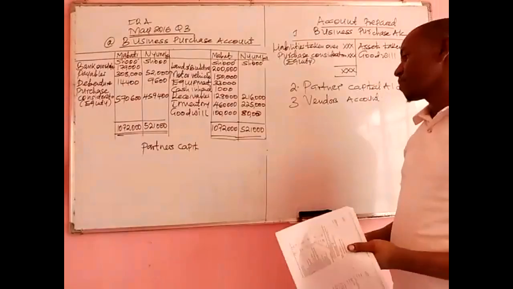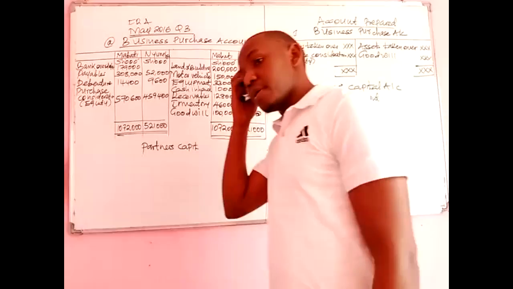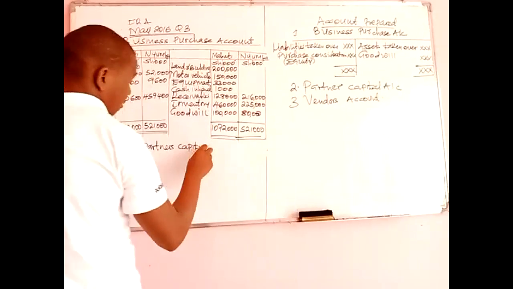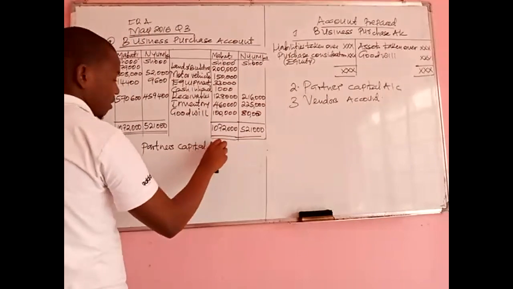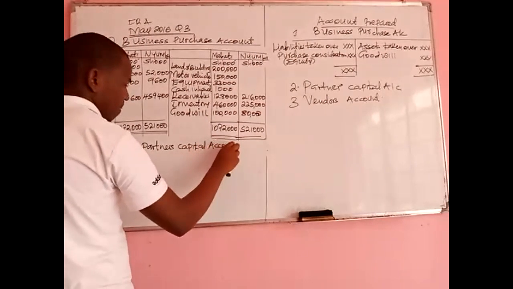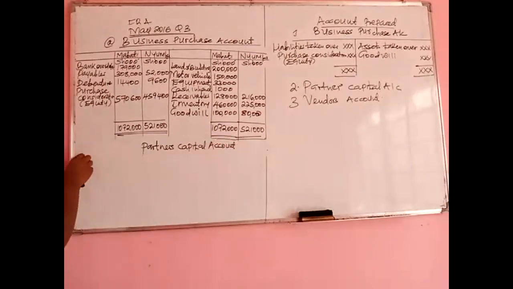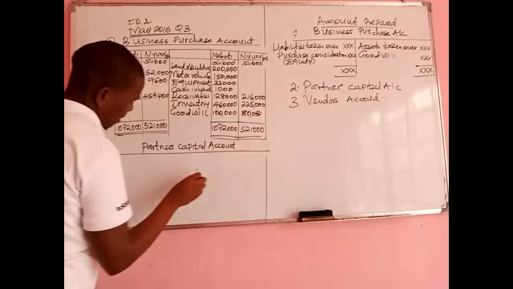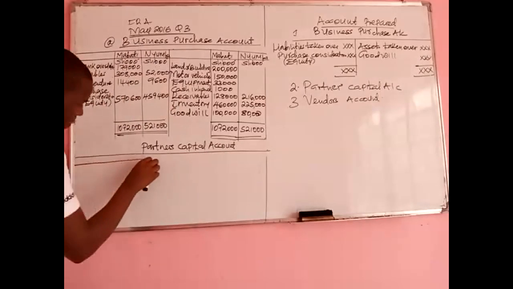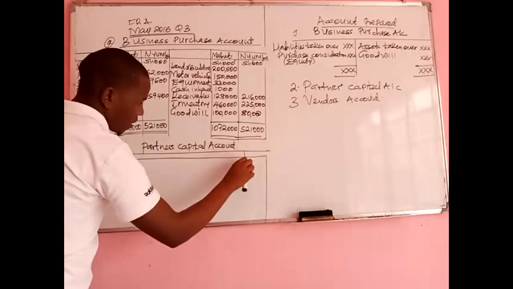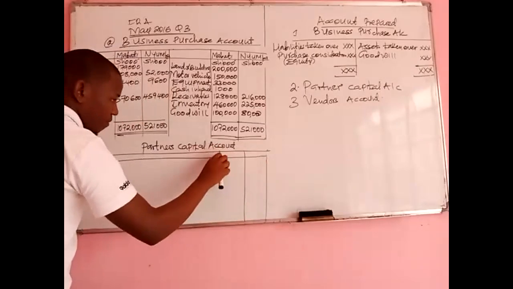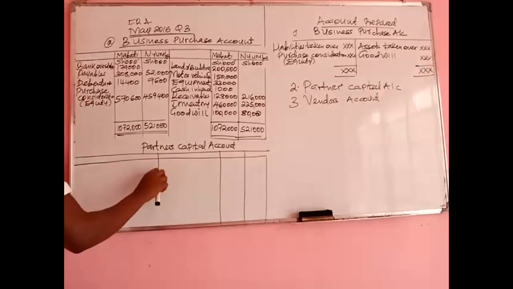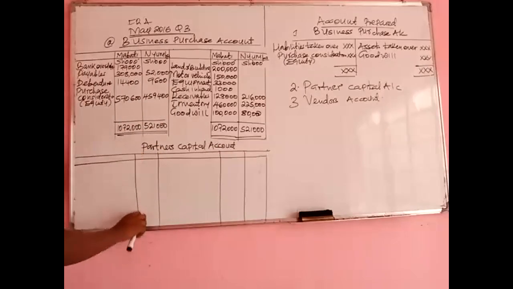Okay. Now, the partners' capital account. We have two partners here, Faith and Hope.